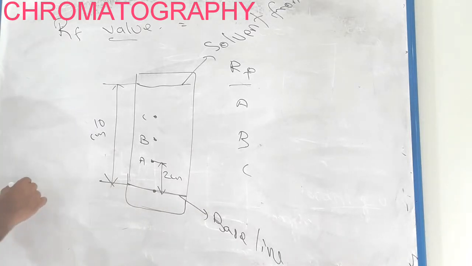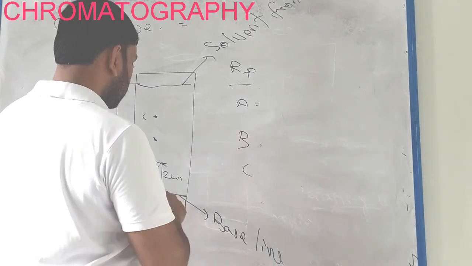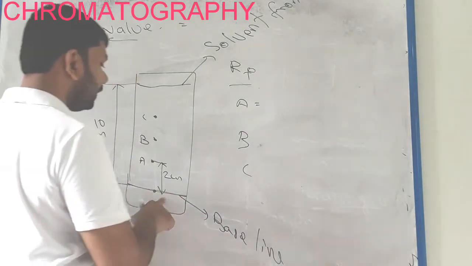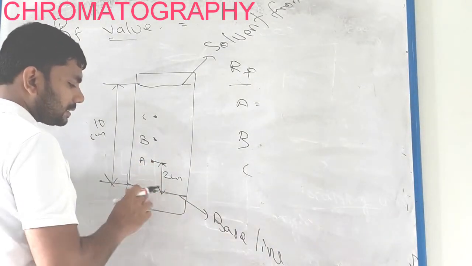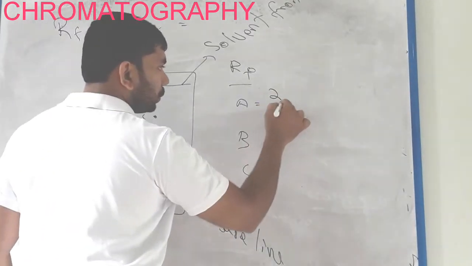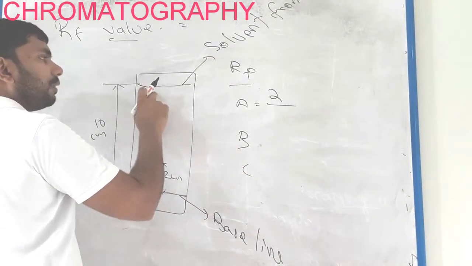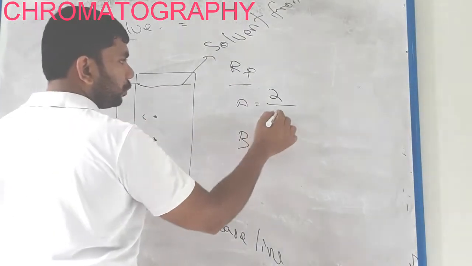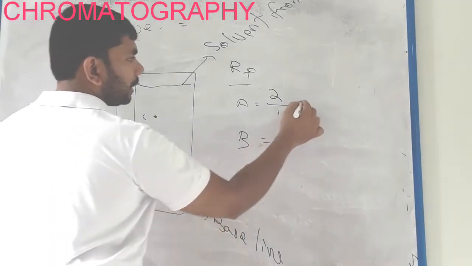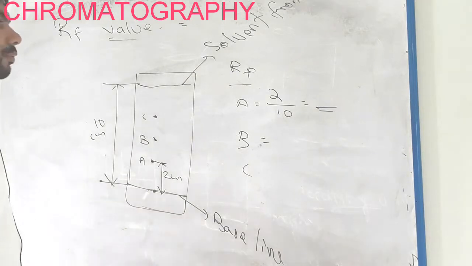So the Rf value for A is the distance between the baseline and the spot formed, that is 2, divided by the distance between the baseline and the solvent front, which is 10. 2 by 10. Clear? Use a calculator and you will get the Rf value for A.